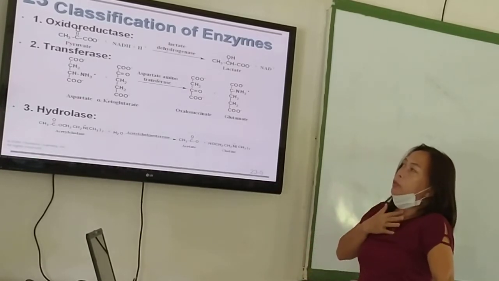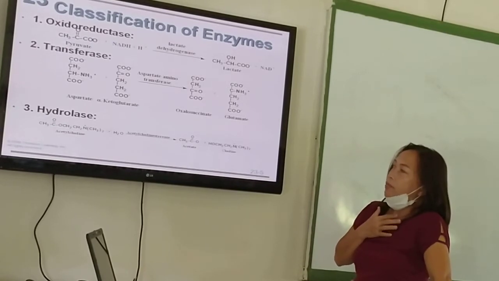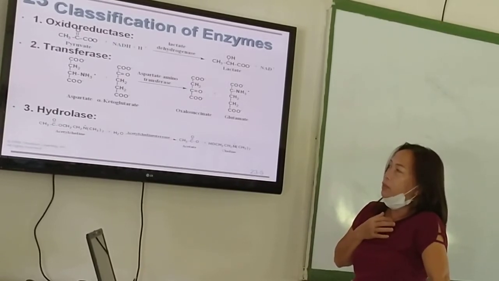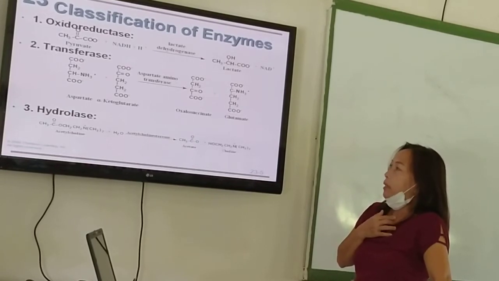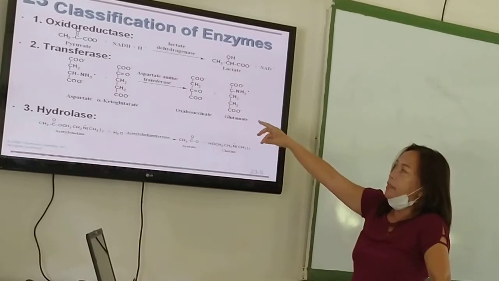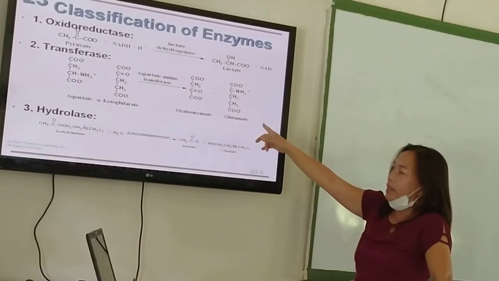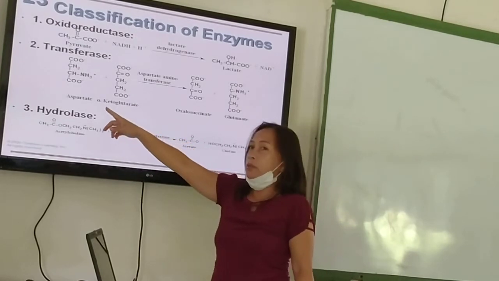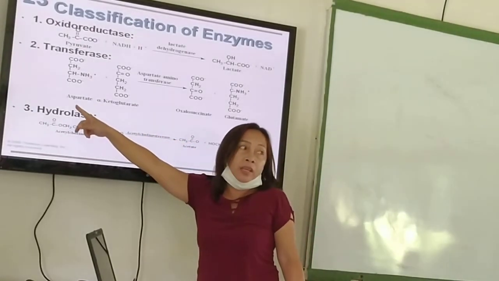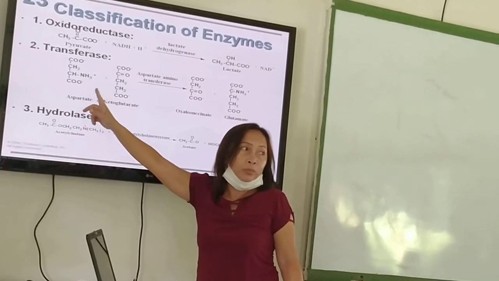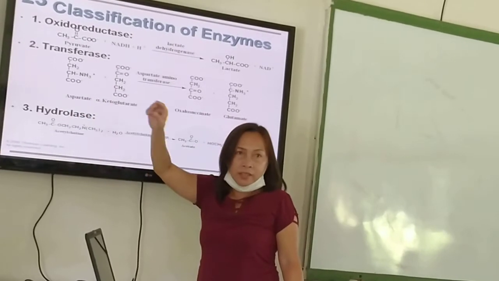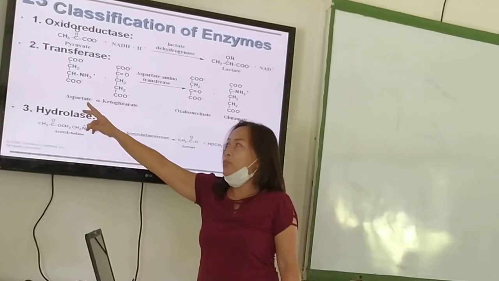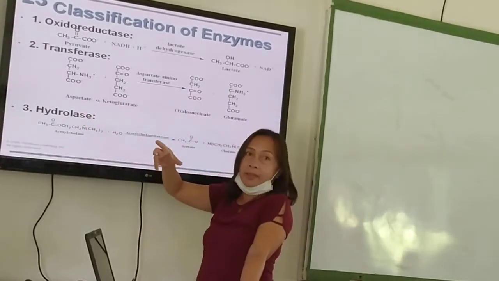Okay. Now another, we have transferase. So you have aspartate plus alpha ketoglutarate, which will give you oxaloacetate and glutamate. Now you have here the enzyme aspartate aminotransferase. Aspartate and aspartic acid are just the same, no? But this is when it gives off its hydrogen ion, then the aspartic acid becomes aspartate.